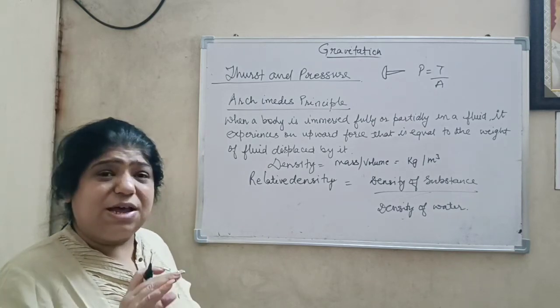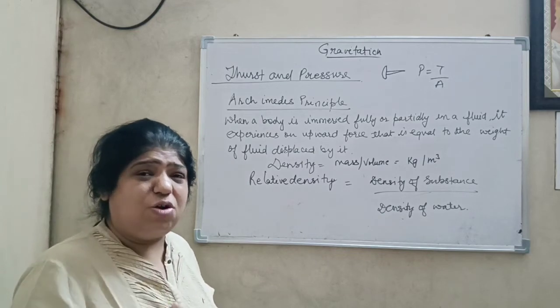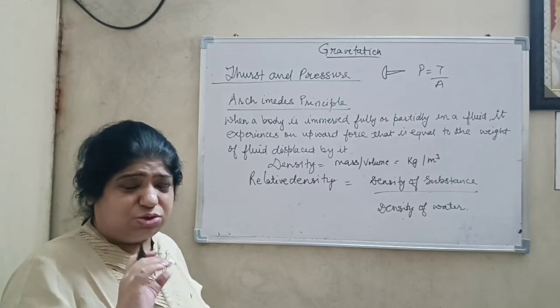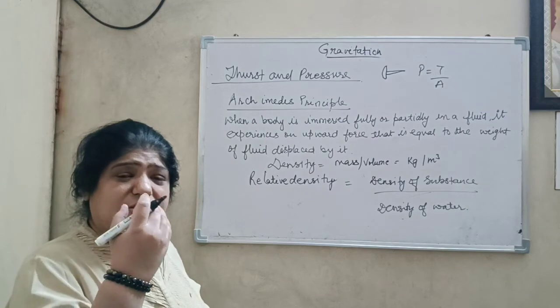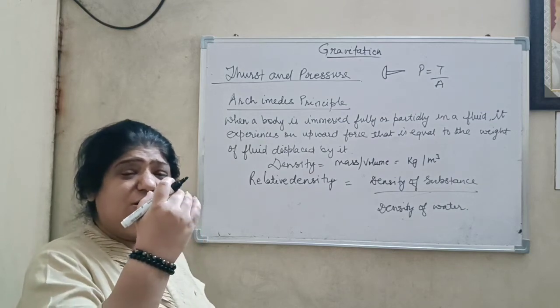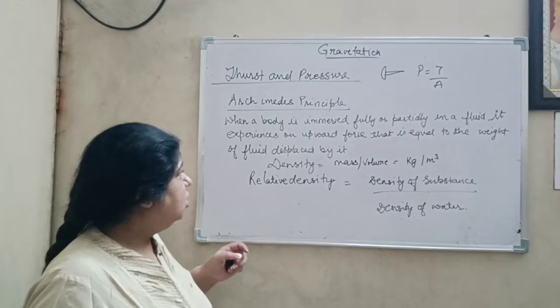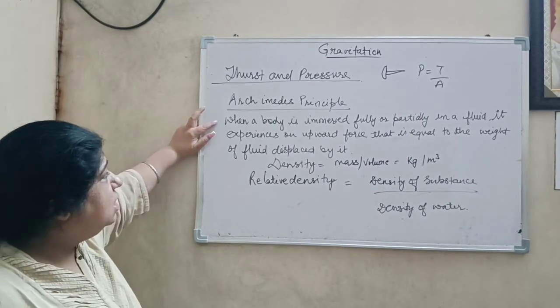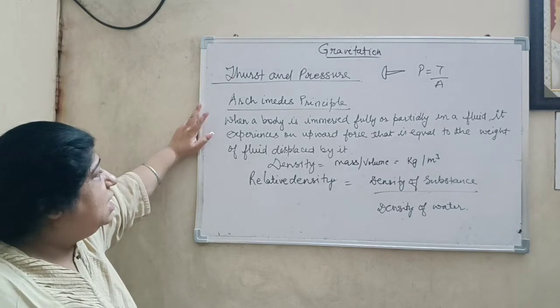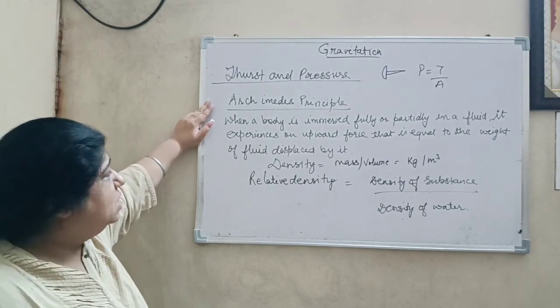Why? There is some force applied by the water also on the stone that cancels out some of the spring expansion. Now how can you calculate it? You can calculate it by Archimedes principle.